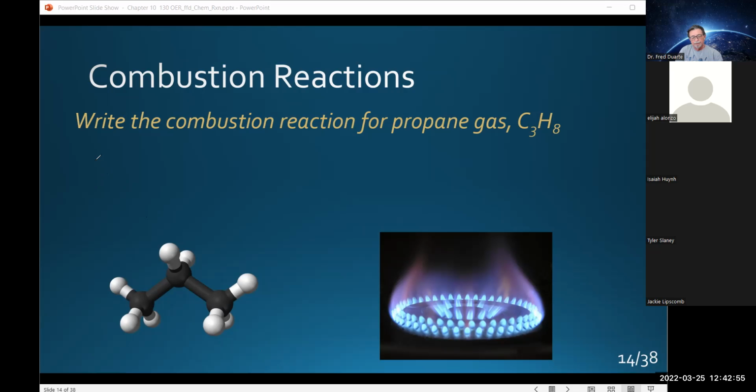So we're given C3H8. This, by the way, is the 3-dimensional model of propane. The dark spheres represent carbon, and the white represent the hydrogen. Okay, and all 3 of them have the tetrahedral configuration. A lot of these hydrocarbons can be very long chain, 8, 10, 12 long chains.